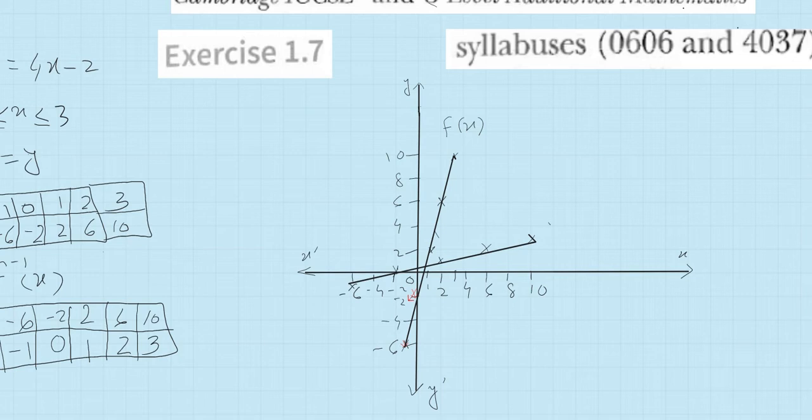This is f inverse x. So students, this is question number 6. And the mirror line between these two graphs is y equals x.